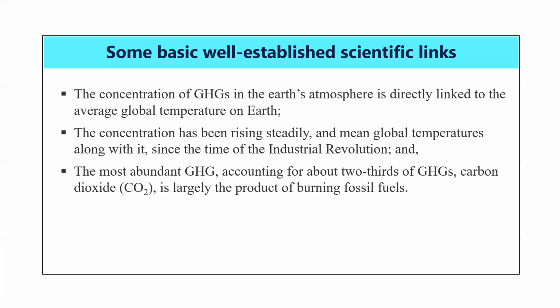The concentration has been rising steadily, and the mean global temperature along with it, since the time of the industrial revolution. The most abundant greenhouse gas, accounting for about two-thirds, is carbon dioxide, and it's largely the product of burning fossil fuels. It's so sad, because as much as we want to have a greener Earth, a greener community, but let's take this case.